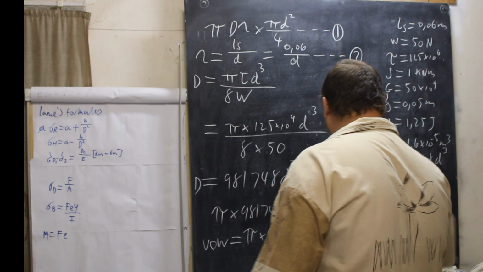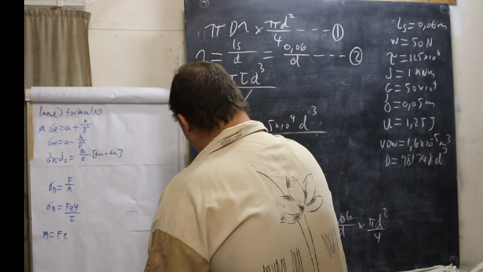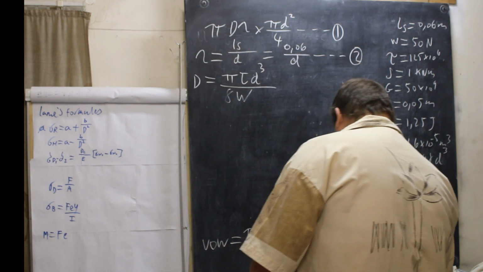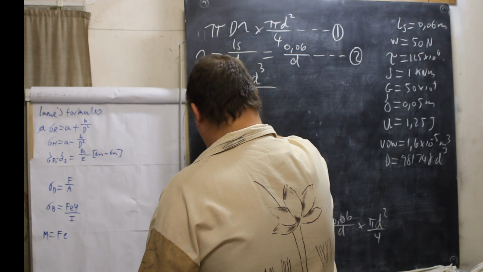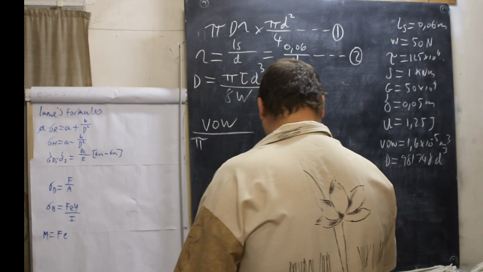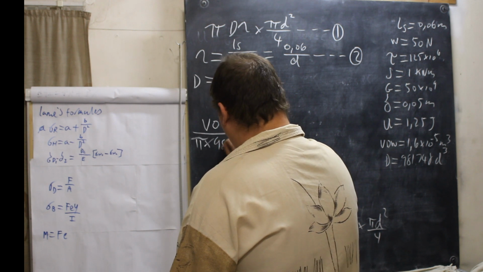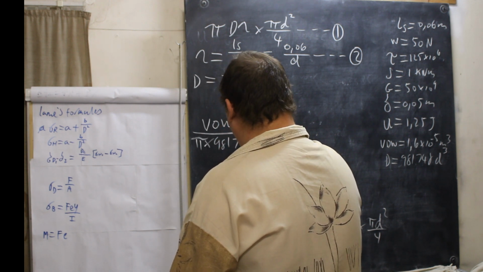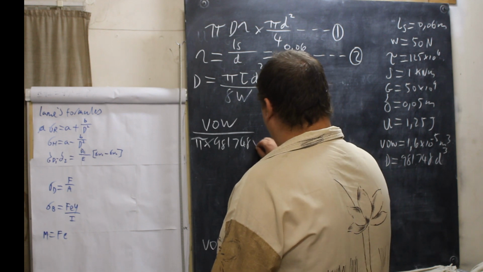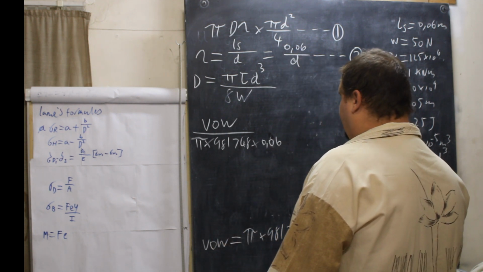So what we have now is volume of wire divided by pi, divided by 981,748 times 0,06 and pi squared.